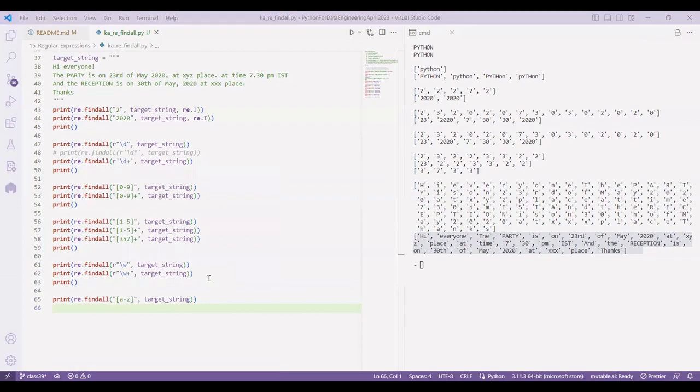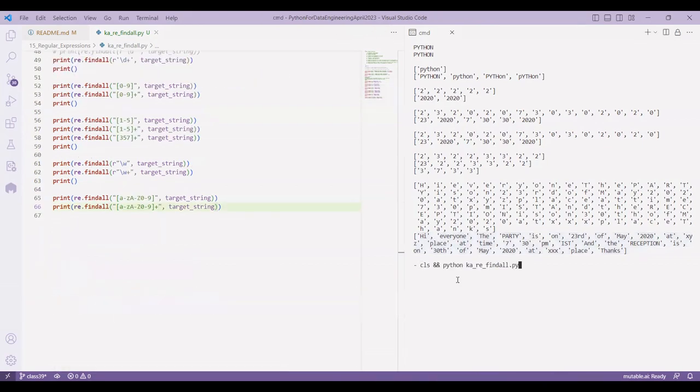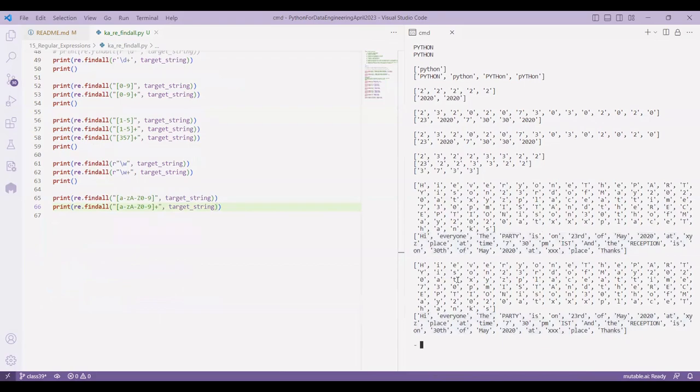So if you want A to Z, capital A to capital Z, 0 to 9, this is the same, right? Whether you give this or this, both will give the exact same pattern, same as the presence of W. You got the same answer again.